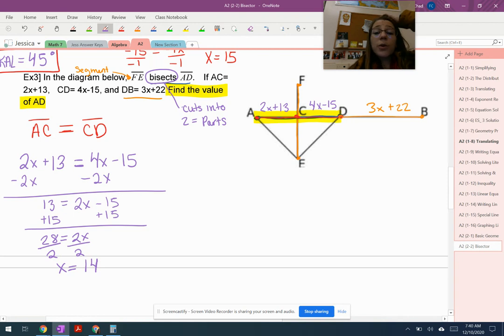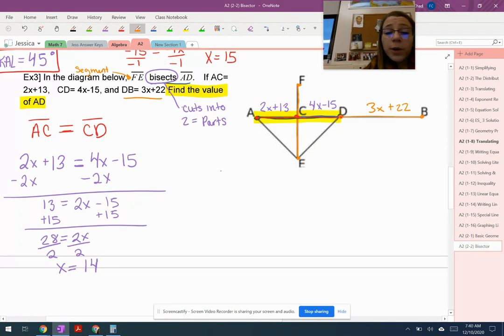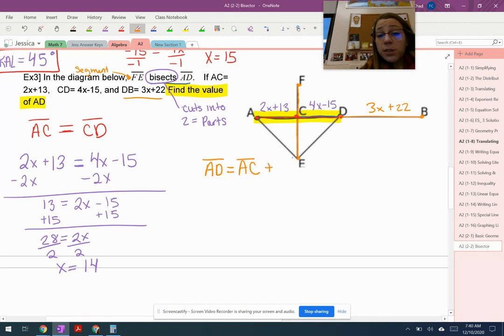So again, at this point, we haven't finished answering the question. The question was asking us to find the value of the entire AD. So I've got to use what I found for x and plug that back into those expressions. So AD I would get by finding AC plus CD.